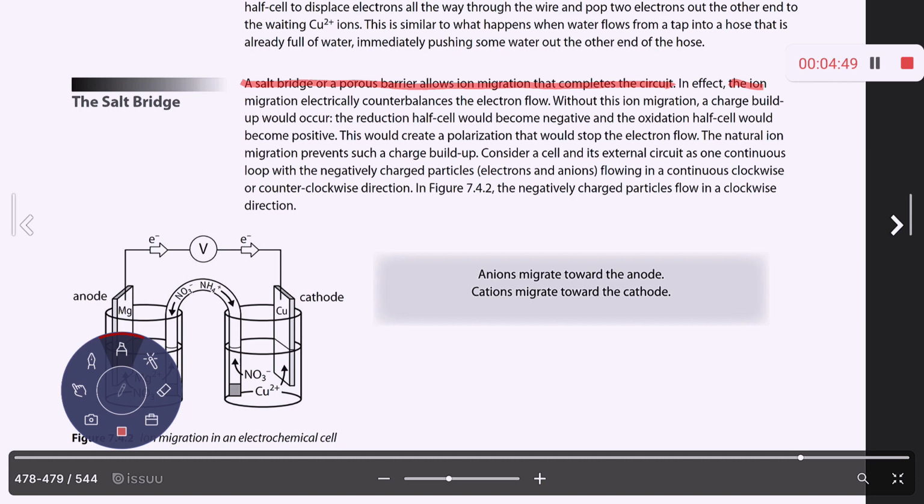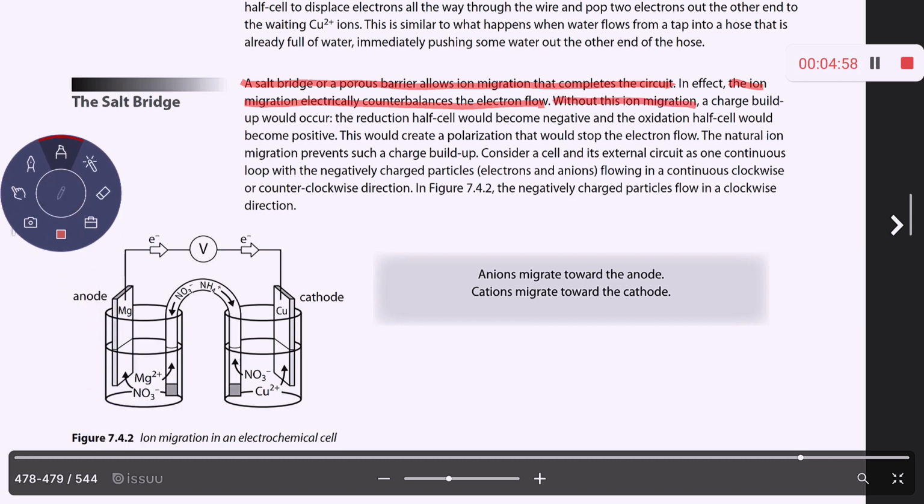So ion migration counterbalances electrons flowing. So if you didn't have ions migrating through the salt bridge, like here you can see you've got nitrate ions migrating to the left and ammonium ions migrating towards the right. Okay, so if you've got these electrons coming here, you need this counterbalance to maintain the charge.